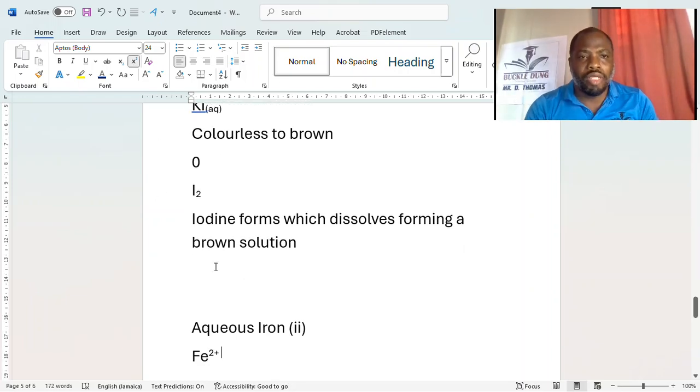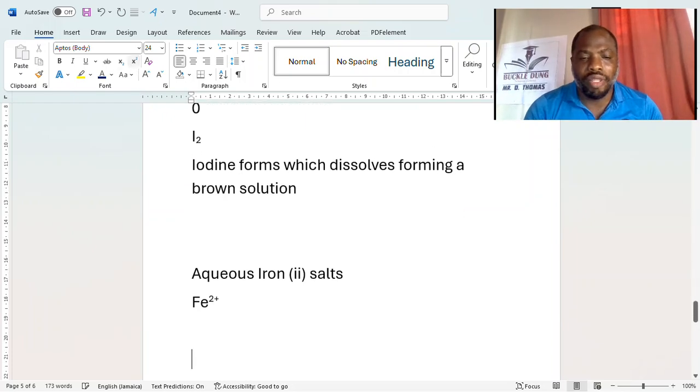So the next one we're looking at as a reducing agent is Mr. Iron 2. So bear in mind the iron 2 salts, they are the reducing agent. Do remember that the iron 3 are the oxidizing agent. And so these two, you can have some little connection with them.